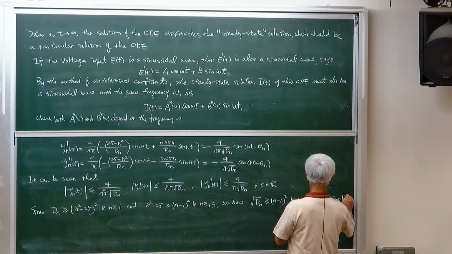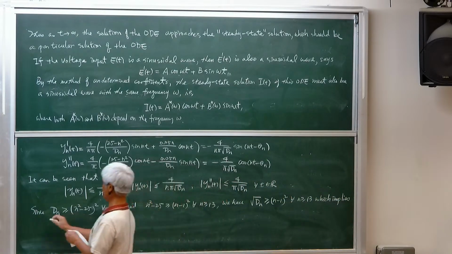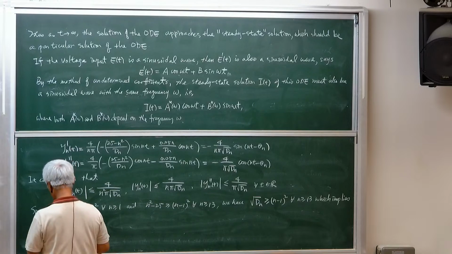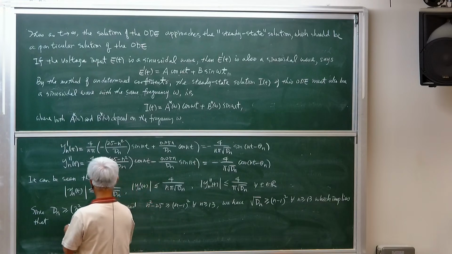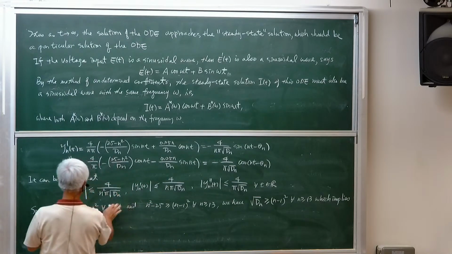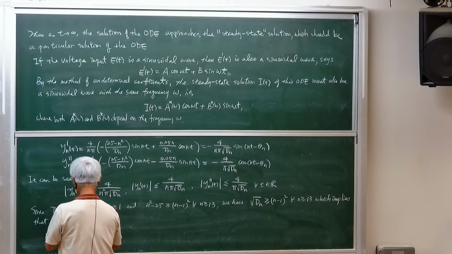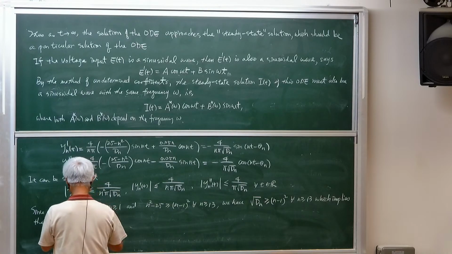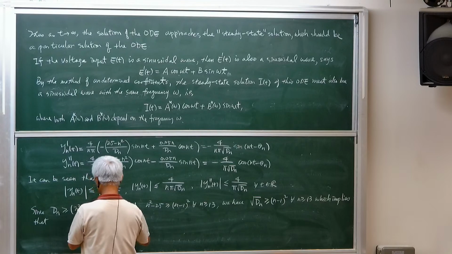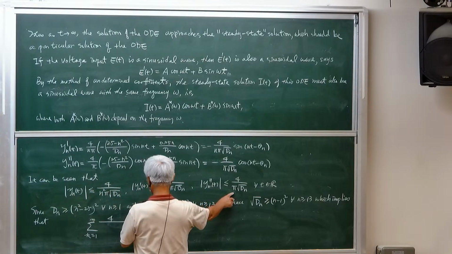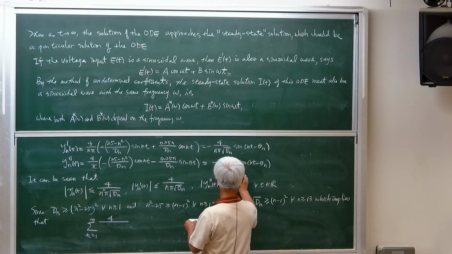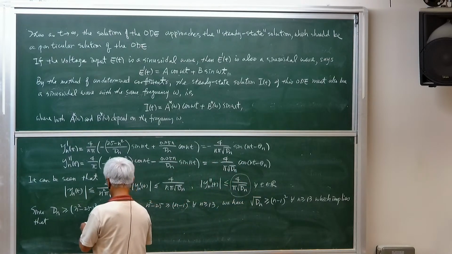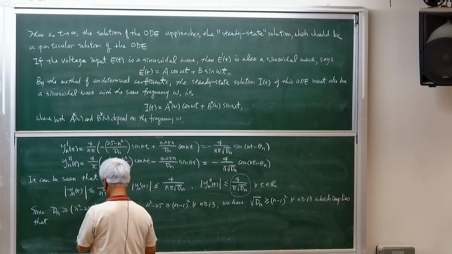So which implies that if we sum over the upper bound for k from 1 to infinity, 4 over... here, we get that this is pi square root of d_{2k-1}.